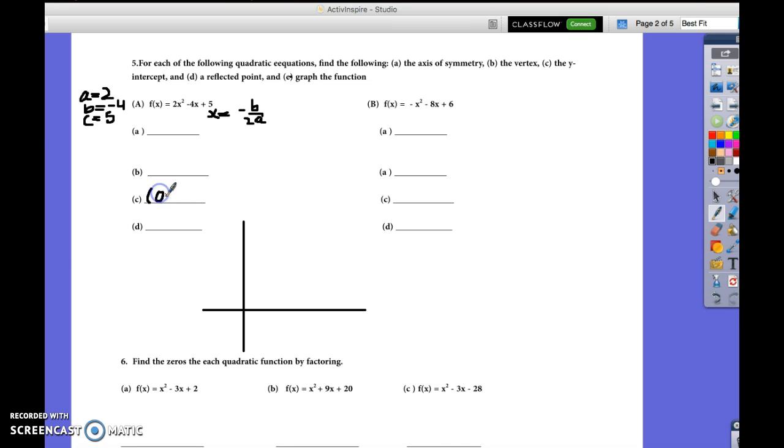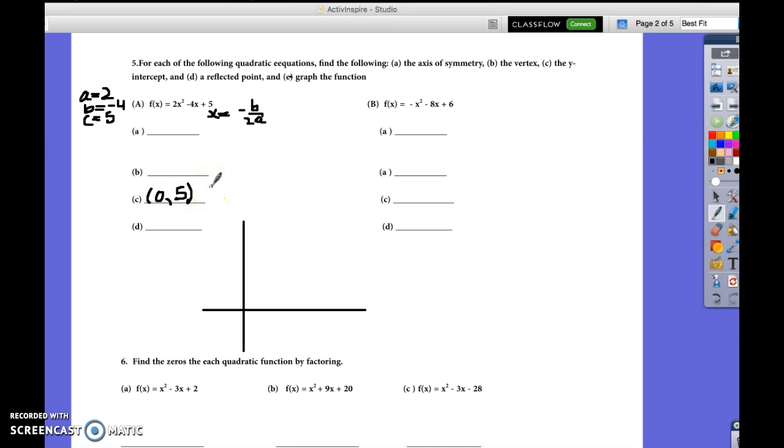So when x is 0, y will be 5. So that one we can do very, very quickly. If you just visualize 0 being here, 0 times negative 4 makes this 0. 0 instead of the x here would be 0 squared times 2, that would be 0. So all that would be left would be y equals 5 because f of x is y, right? So that's done.